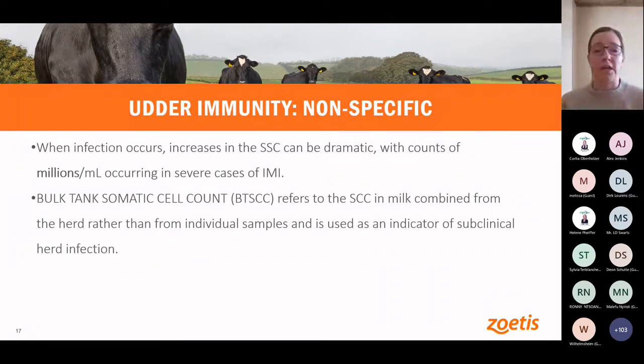But oftentimes we only have bulk tank somatic cell count to work off, and that is the somatic cell counts in the milk combined of the herd. All right, and you can just imagine that one of the millionaires in the herd can pull that bulk somatic cell count up quite a bit and bring the average up unnecessarily.